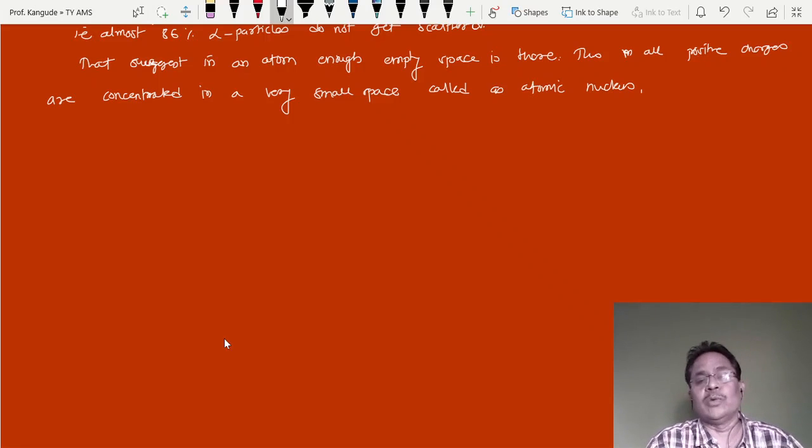This is called the atomic nucleus. So the concept of the atomic nucleus was given or discovered by Rutherford.